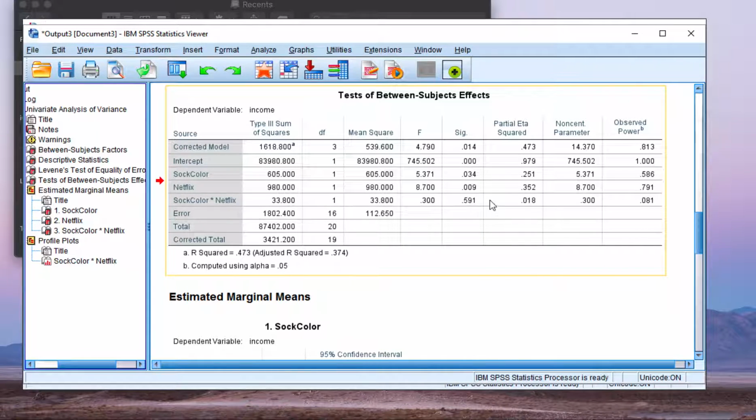We can verify that if we go over here to our partial eta squared, our effect size. So essentially, our effect size is even saying, based on Cohen's, that there is little effect there. So I will stop here, and then we will go ahead and interpret the between subjects.